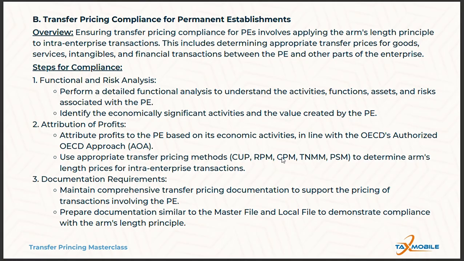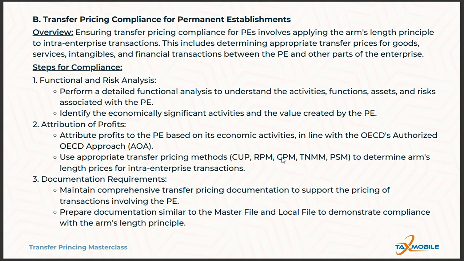We are still under functional and risk analysis, so we also need to identify economically significant activities. The goal is to identify the value creating activities performed by the permanent establishment.